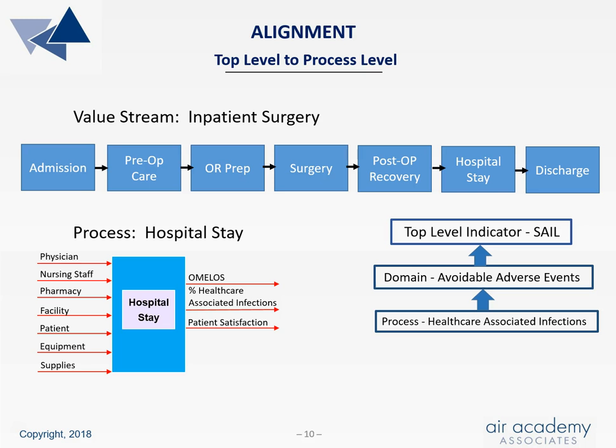If the team project results in a decreased percentage of healthcare associated infections, that in turn will improve the domain rating of avoidable adverse events. This in turn will have a positive impact on the overall SAIL rating.